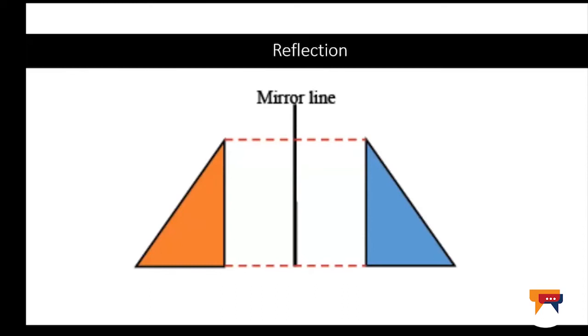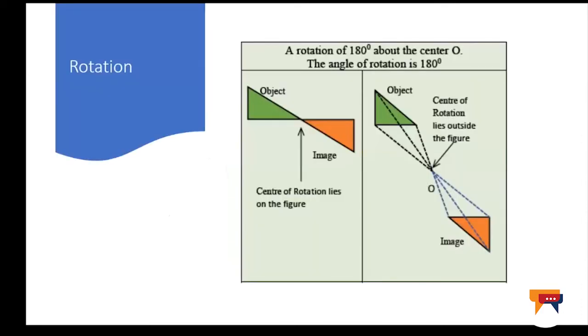And then we have what we call the reflection. In a reflection, the perpendicular distance between an object point and an image point from the mirror line is the same. This property enables us to locate the image in a reflection, as shown by an example on the screen. And then we have another term, which is rotation.